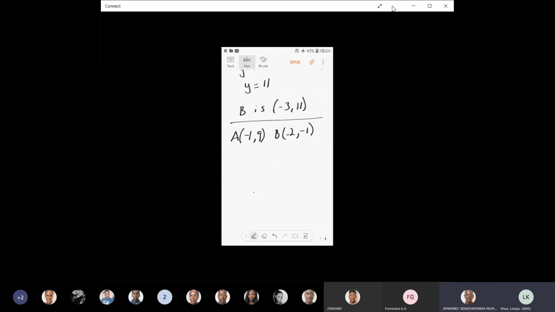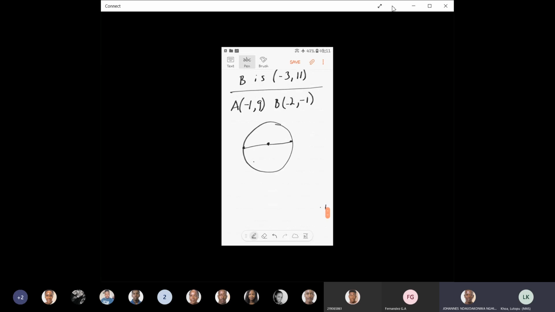These are the endpoints of the diameter of a circle. So you have some circle that you can draw, and then you have your point A there and your point B over there. Now you are asked to work out what the coordinates of the center of the circle are.